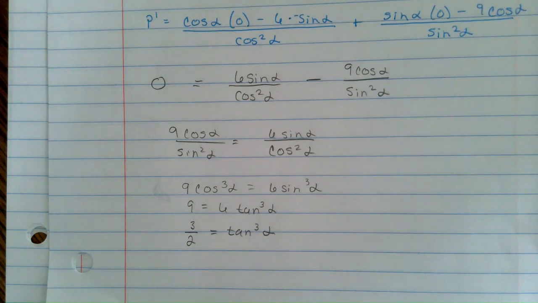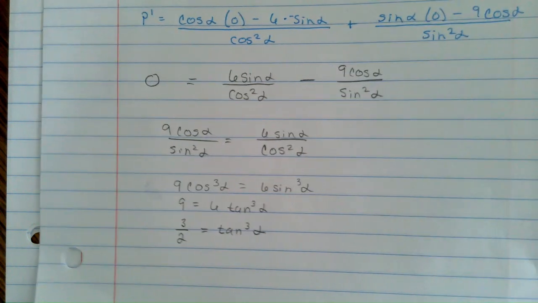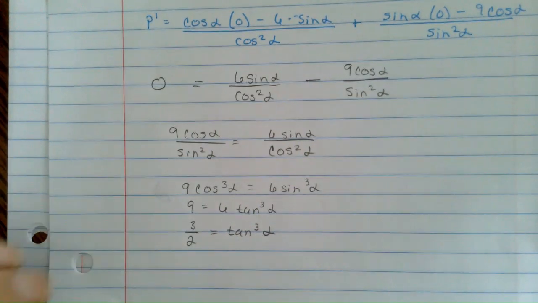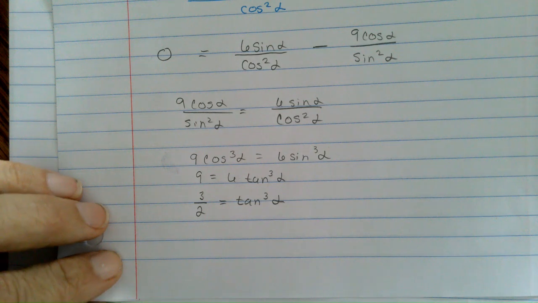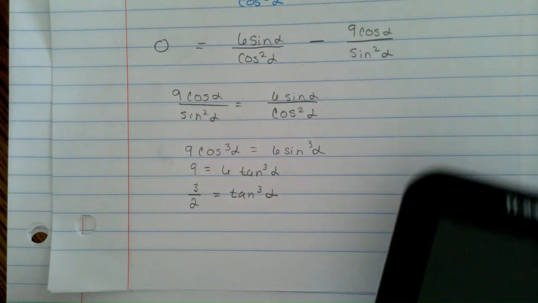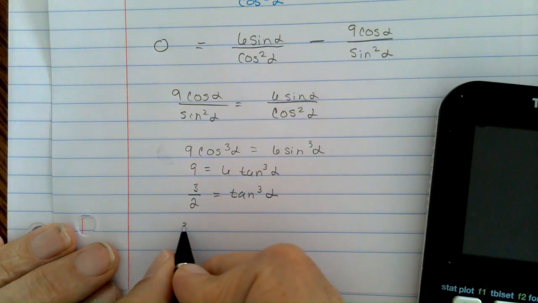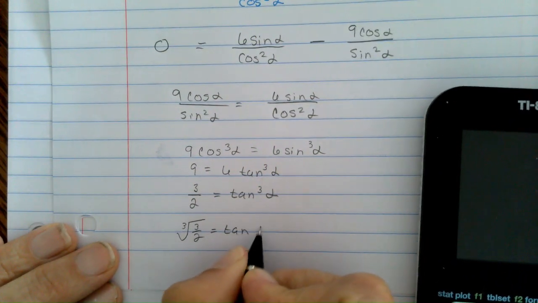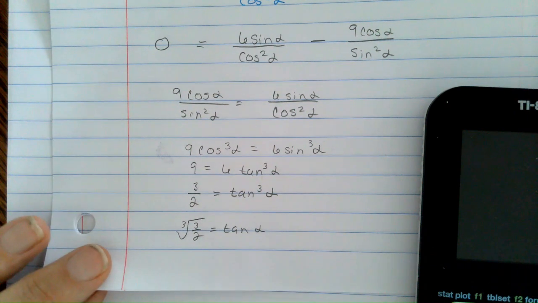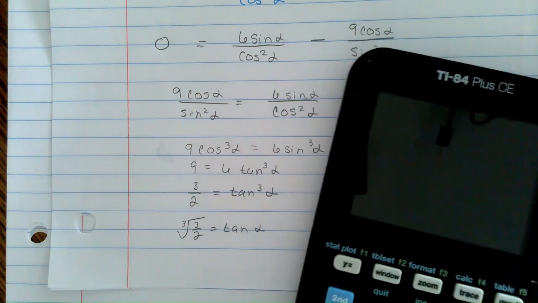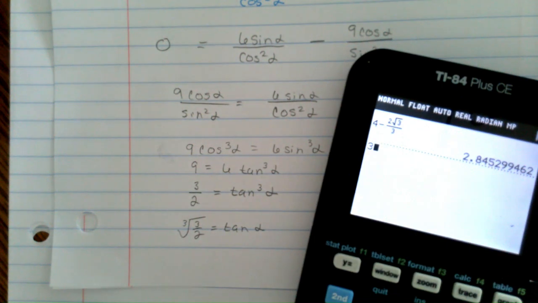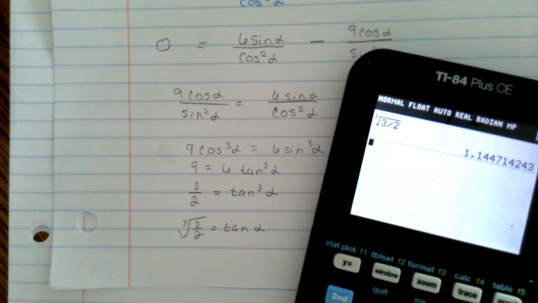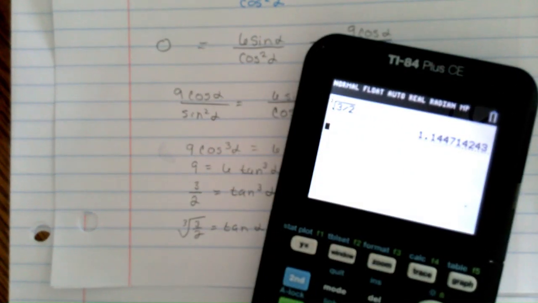Okay, now I'm finally to the point where I can get a calculator in here, right? I'm in radians, I'm okay with that. I generally work in radians, but we're going to have to do the third root first. So we get that, right?